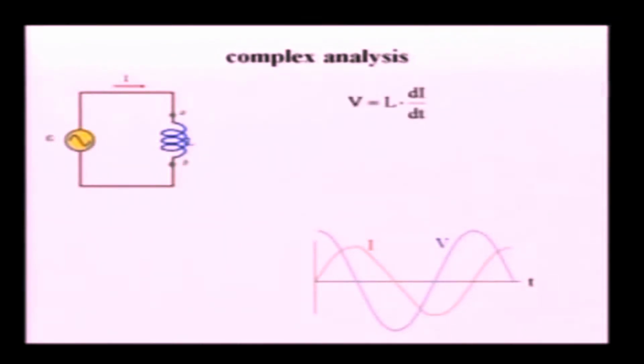So we start again with the relationship between voltage and current for an inductor.